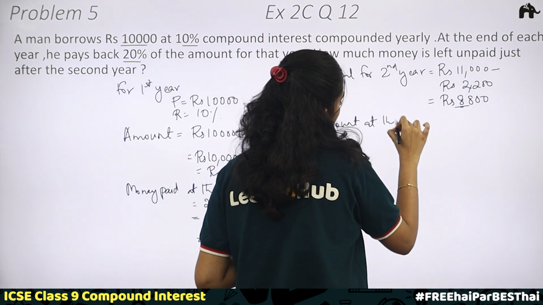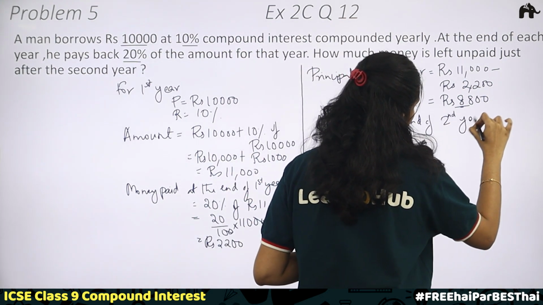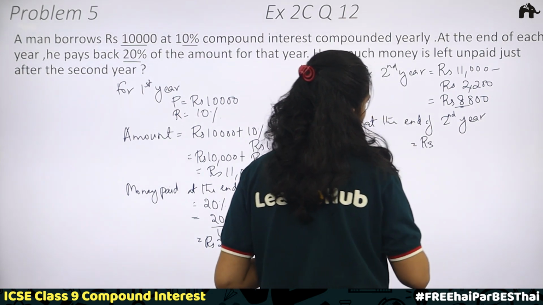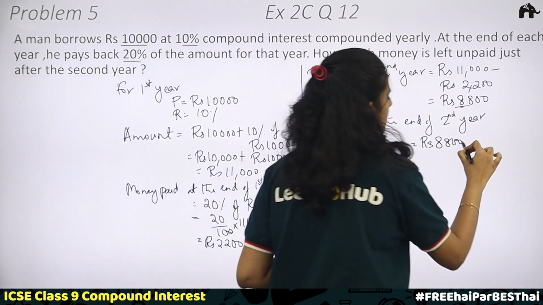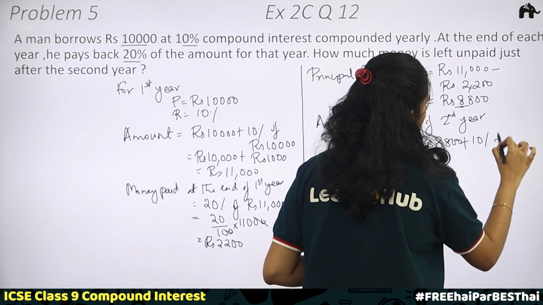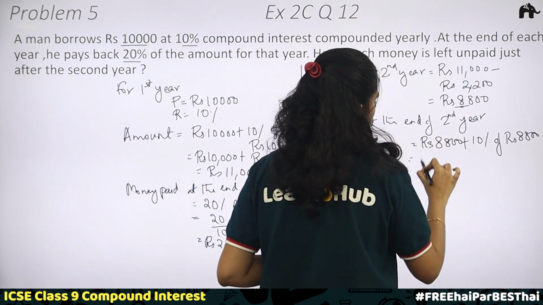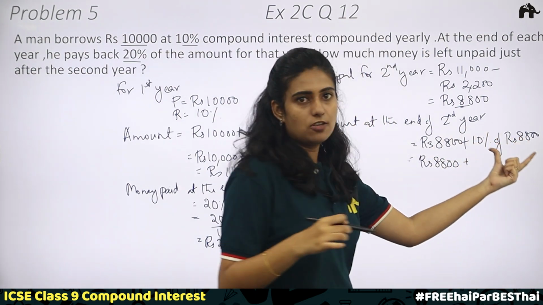Amount at the end of second year is equal to rupees 8,800, the principal, plus 10% of rupees 8,800. So that is rupees 8,800 plus 10% of 8,800.